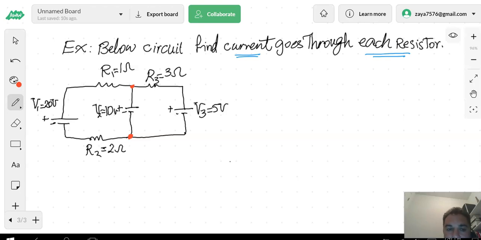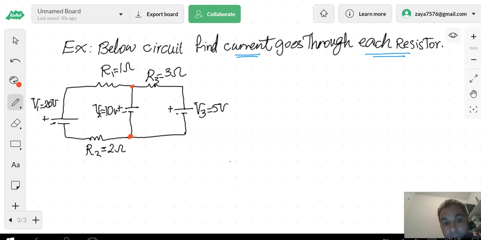If they are junctions, therefore we do have electric current going through each branch. How many branches do I have? One branch is from this point to this point. This is branch one.